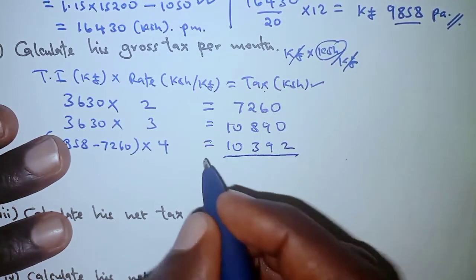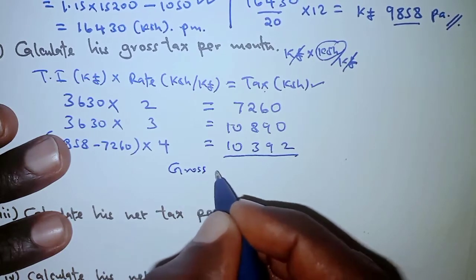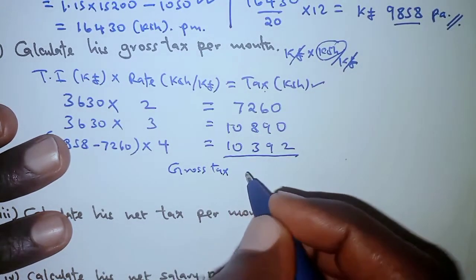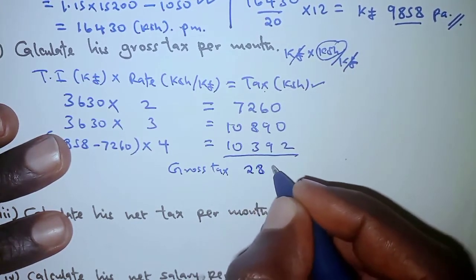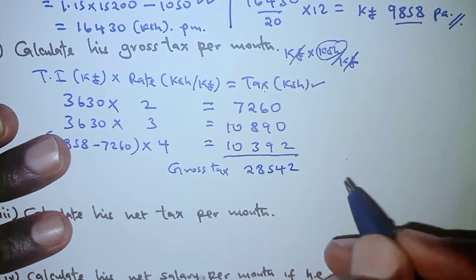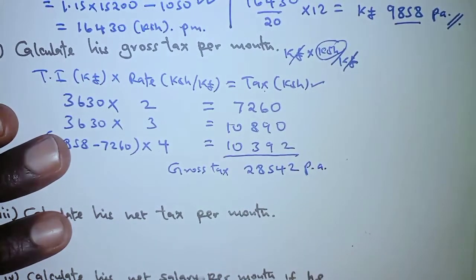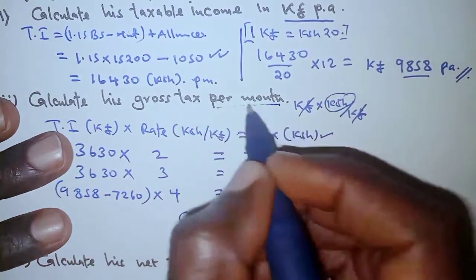So when we add, that should give us the total tax, which is also known as gross tax. The gross tax is the sum of these, which gives us 28,542 Kenyan shillings, and that is per annum. But remember, the question requires us to get that per month.